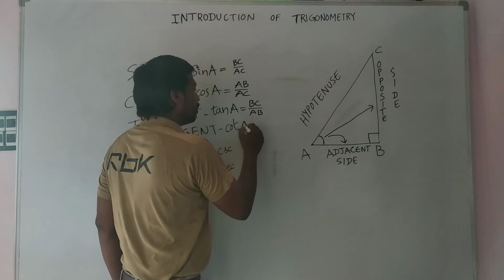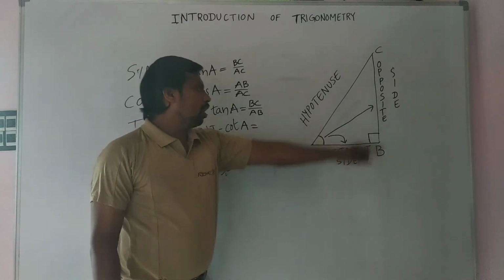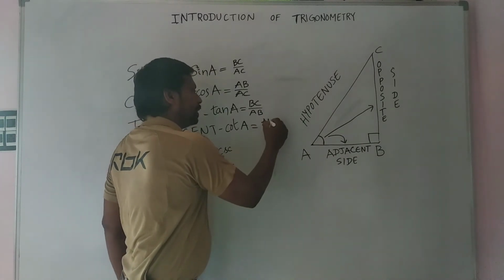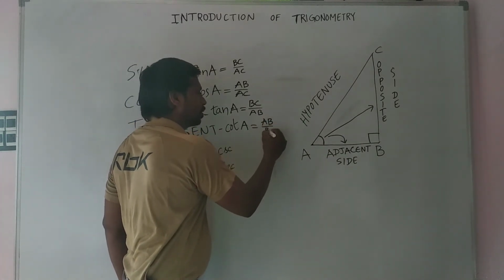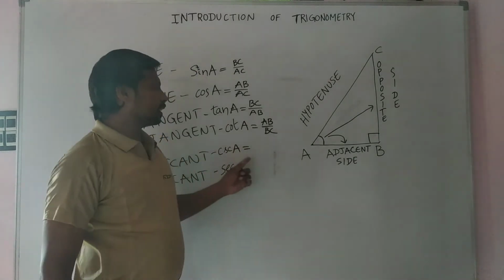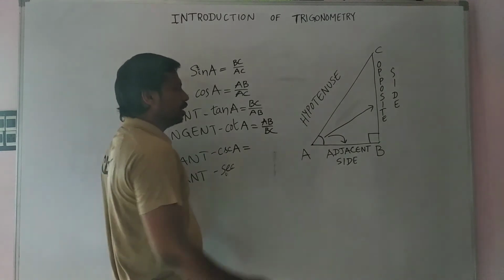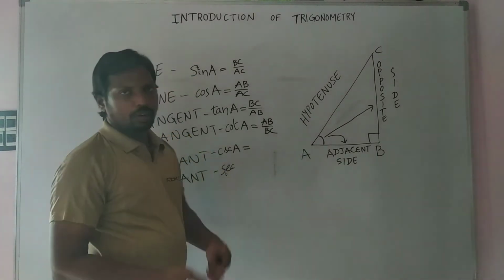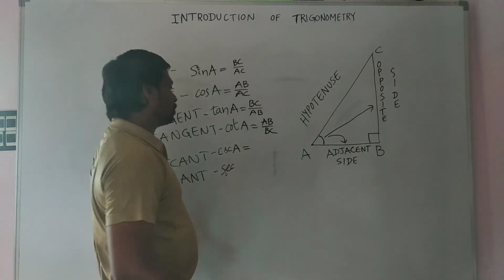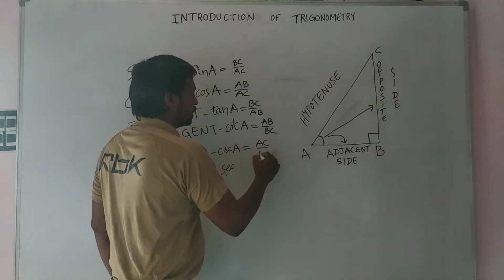Next, cot A is the reciprocal of tan, adjacent by opposite side, AB by BC. Cosec A is the reciprocal of sine, hypotenuse by opposite side, AC by BC.